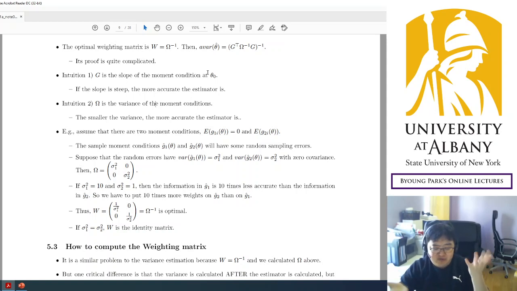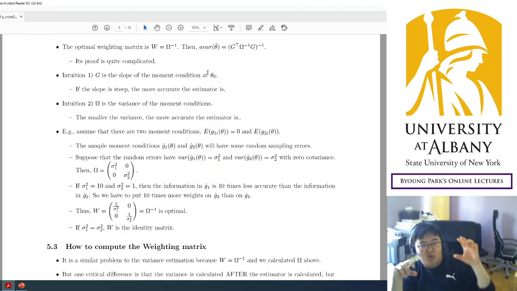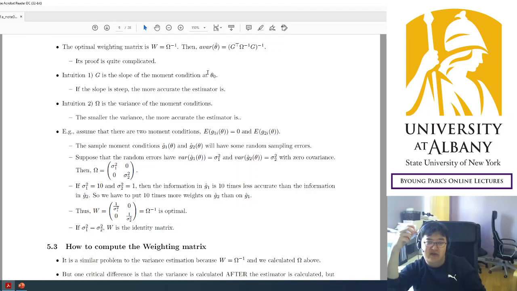If you have two moment conditions with larger variance and smaller variance, the smaller variance moment condition is more informative because it has less noise. Then you have to put more weight on the smaller variance moment. To do that, we take the inverse of the variance. Say the first moment has a variance of 10 and the second moment has a variance of 1.